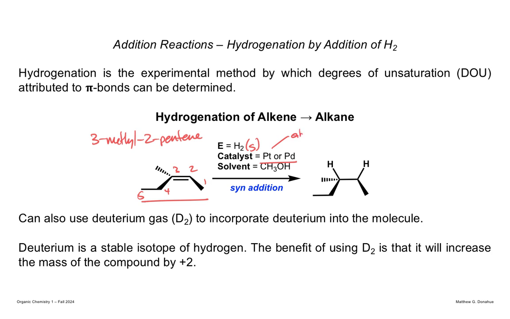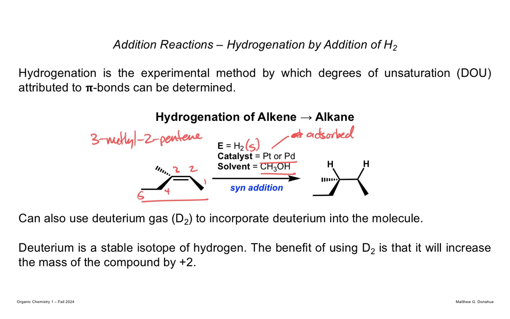So the metal is generally adsorbed onto charcoal. So it really looks like black dust. It's like charcoal dust. You sprinkle it in. You need a polar protic solvent. And then you pressurize your vessel with the hydrogen gas.